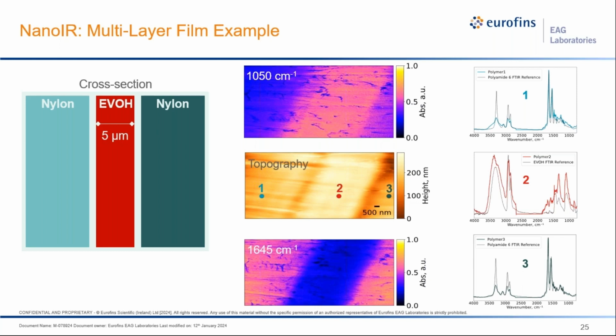We didn't really know what it was, and it turned out that it was a nylon film that has an ethylene vinyl alcohol in between. And so then we can see that the two layers have different chemistry. We can see the middle layer very clearly. In addition, we also get some height information and some topography information, because this is basically an AFM type technique. So very, very useful for small areas.